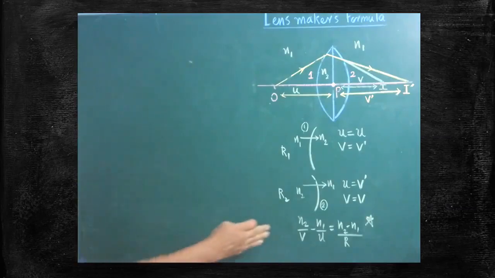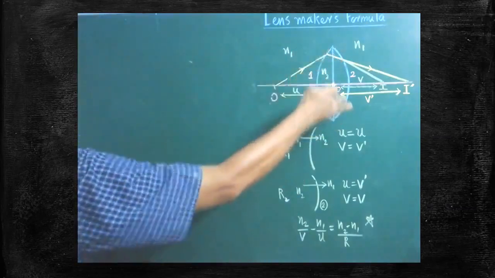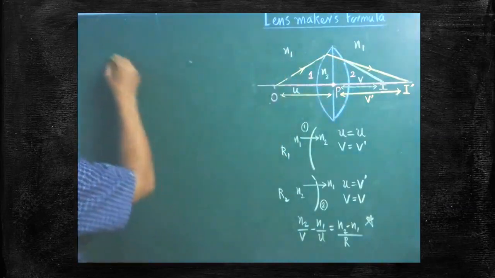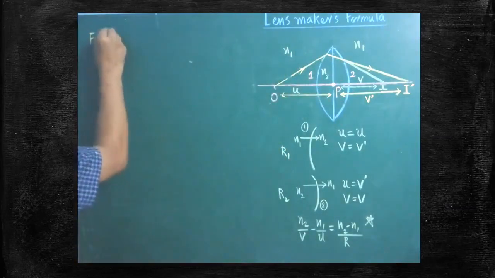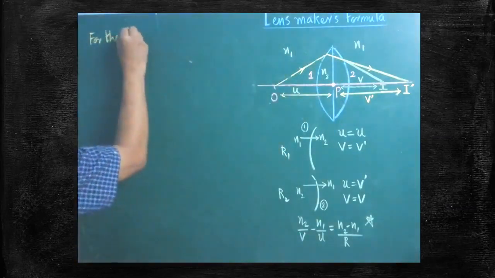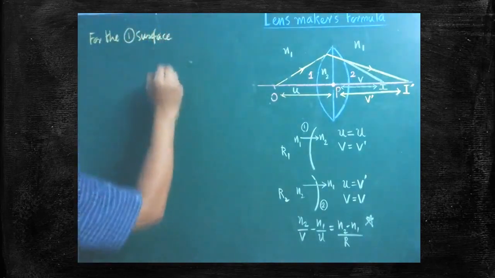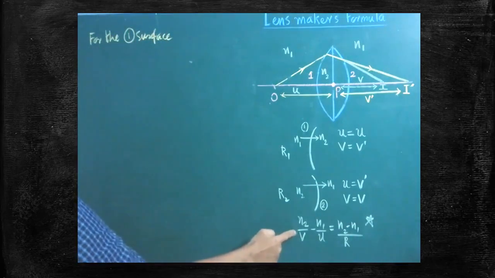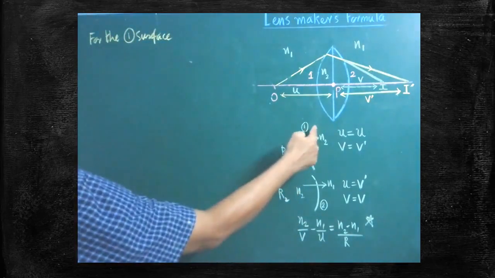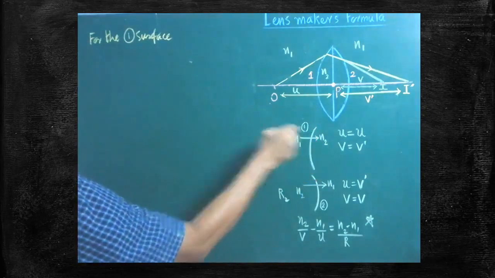Now I am going to use this equation for the first surface. Are you clear? So I will start the derivation here. For the first surface, I use the equation of refraction at a single spherical surface. What is N2? With respect to the first surface, the second medium is N2.